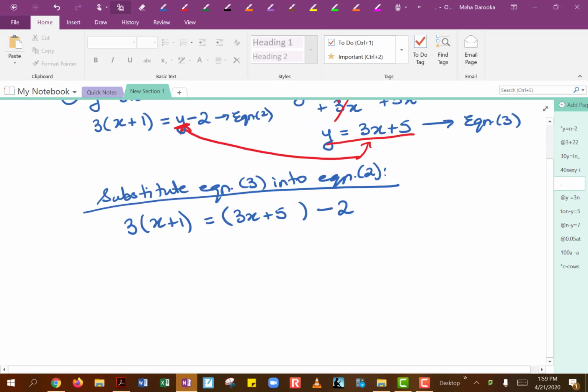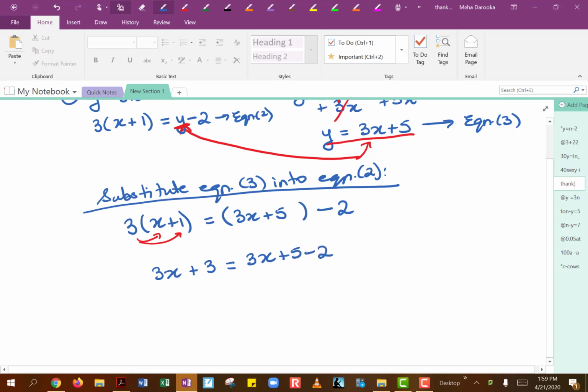So you want to start by taking that 3, distributing it inside the parentheses, which will end up giving us 3 times x is 3x plus 3 times 1 is 3. And then since there's no number in front of our parentheses, we can actually just go ahead and write this as 3x plus 5 and then the minus 2.